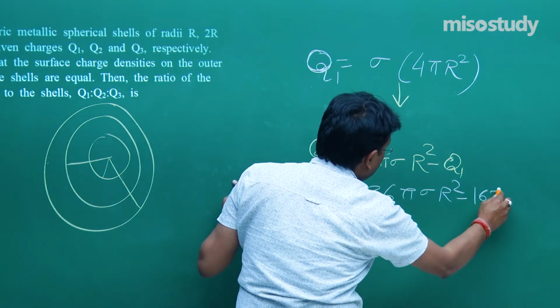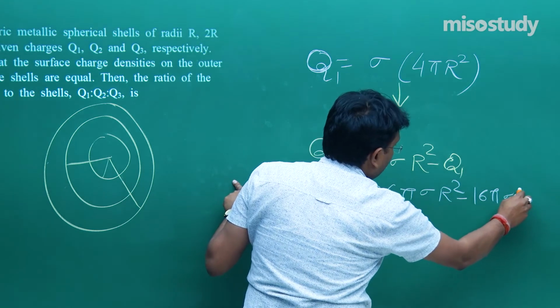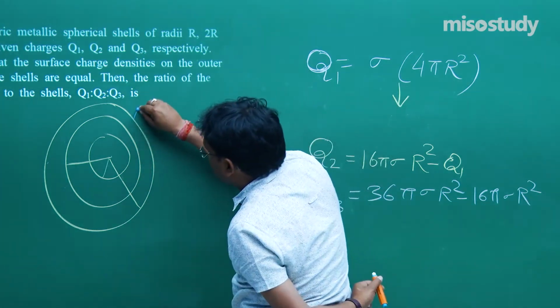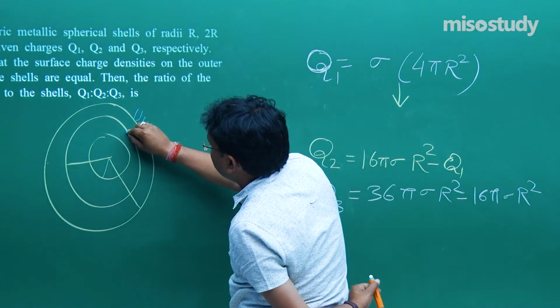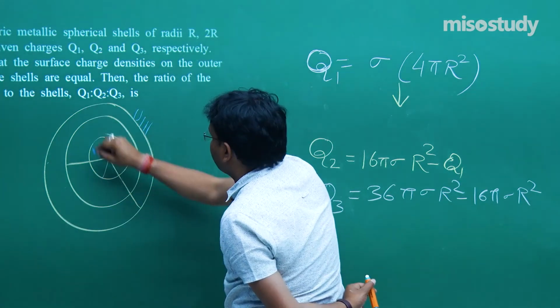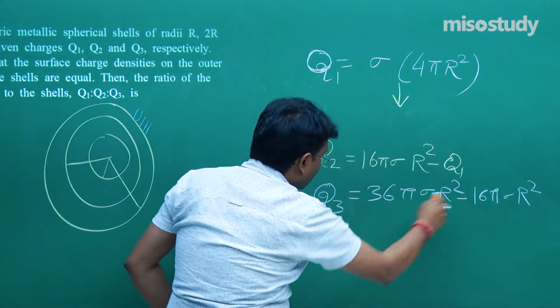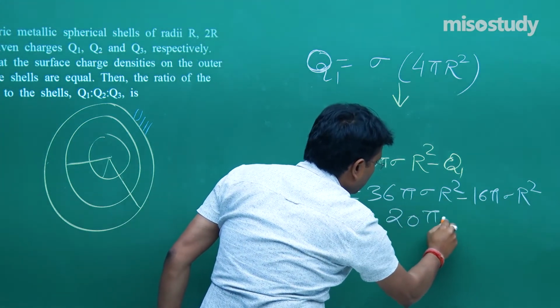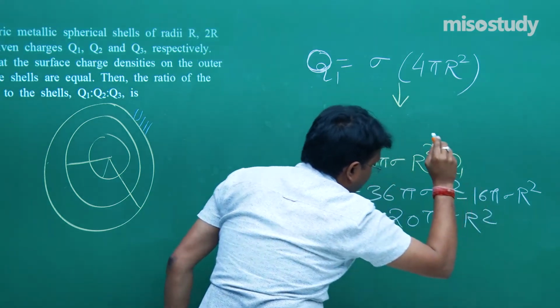This time please take a look at this bigger one. Obviously it's more comparatively to this, so bigger minus smaller. So ultimately it is going to give you 20 pi r square. Fine.